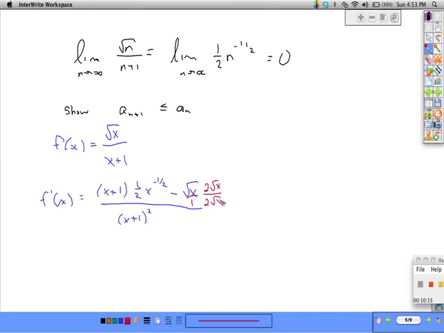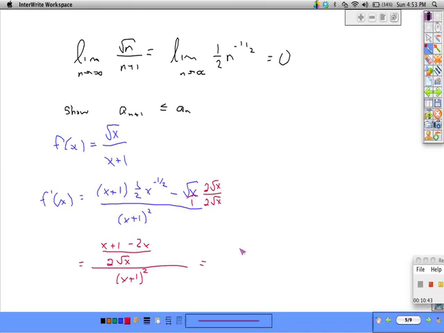So I'm going to multiply top and bottom of the second term by that. And what I'm left with is going to be x plus 1 minus 2x over 2 square root x.